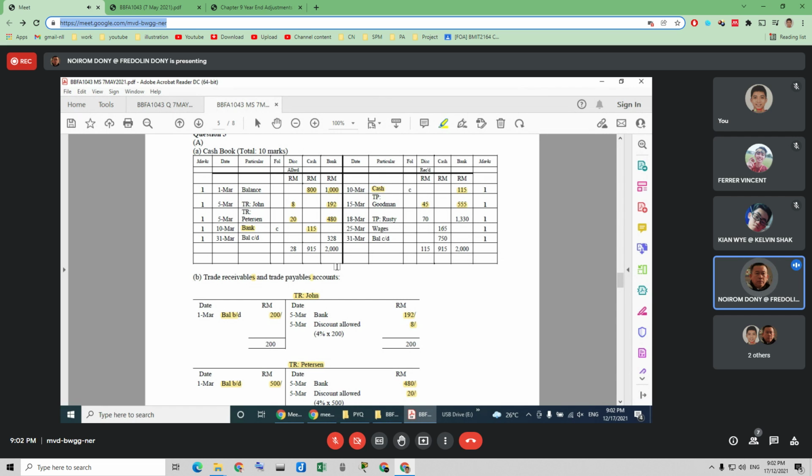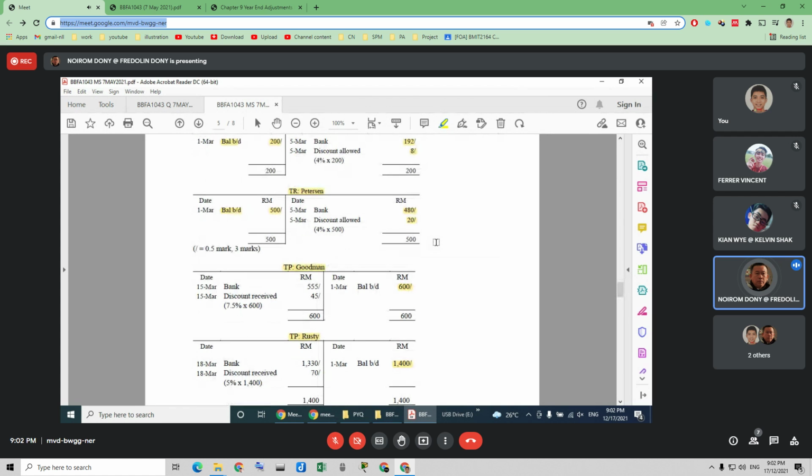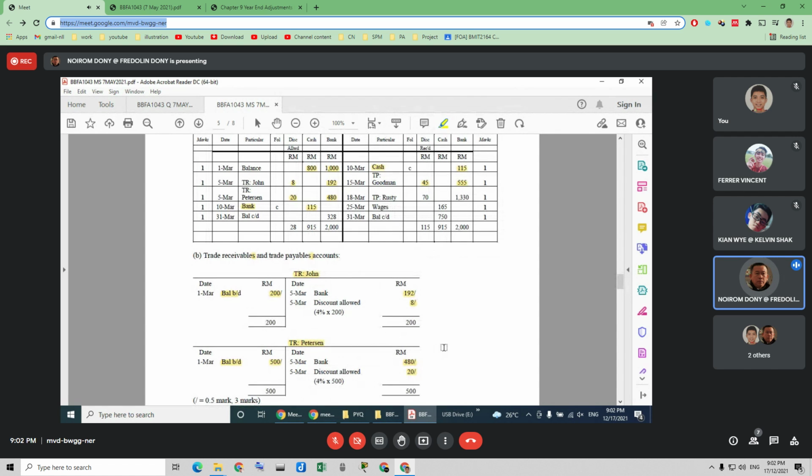Rusty account was settled by check subject to a discount of 5%. So only 95% is the amount of the check. We look at how much the business owes Rusty, 1,400. So 1,400 times 95% is 1,330. So record it on the payment side, on the credit side.